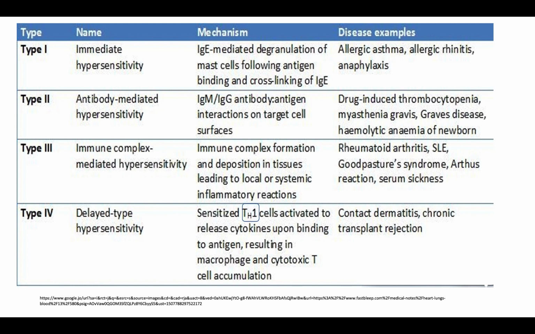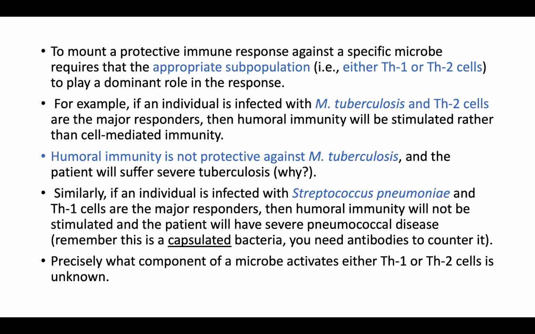For example, contact dermatitis: if someone wears a copper ring or whatever and then develops a reaction against the copper, this will be a delayed hypersensitivity reaction, unlike if you are immediately hypersensitive to something, which will be IgE mediated. So that is a quick recap of hypersensitivity so we can move forward.